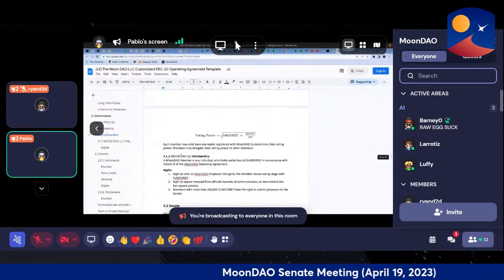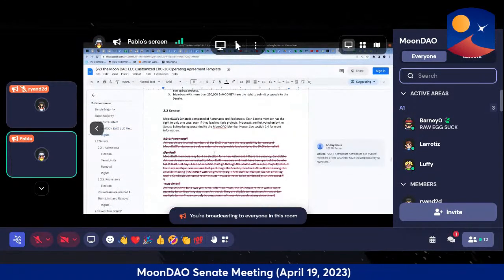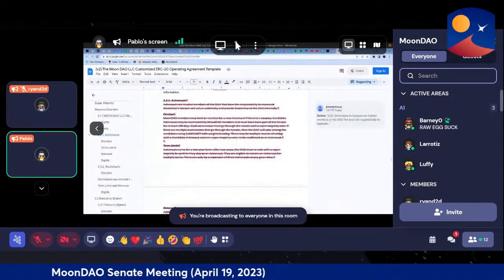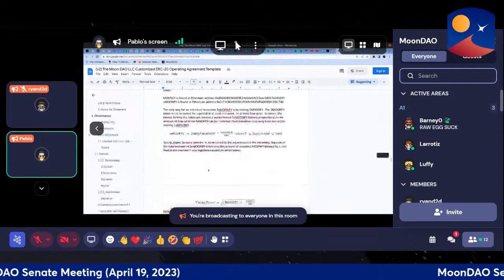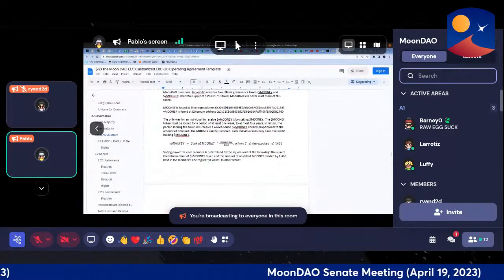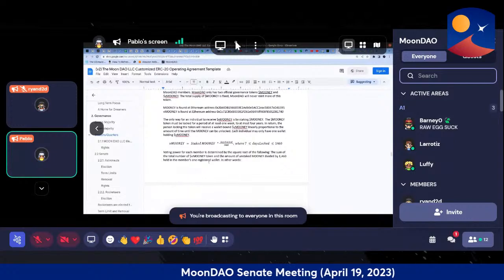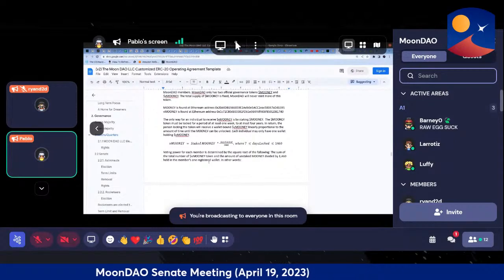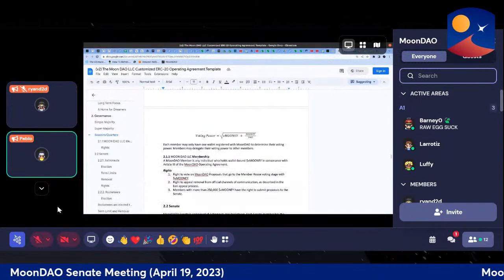Since we're registering the wallets of the Senate members, it might make sense to not allow them to vote in this house, so that there is a clear separation between the two. Which is another thought.